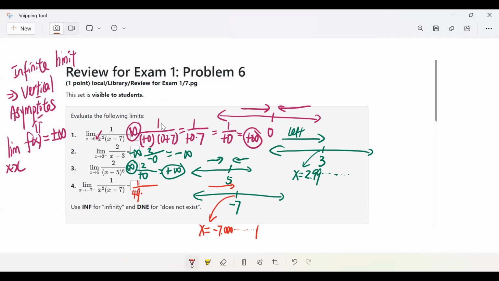And then if you look at x plus 7, adding 7 gives a very tiny little negative 0, like negative 0.000000001 with infinitely many zeros. So this is negative 0 there. Plus over minus is minus, so we end up with 1 over negative 0. 1 over negative 0 is negative infinity. So that's how we know this is negative infinity.